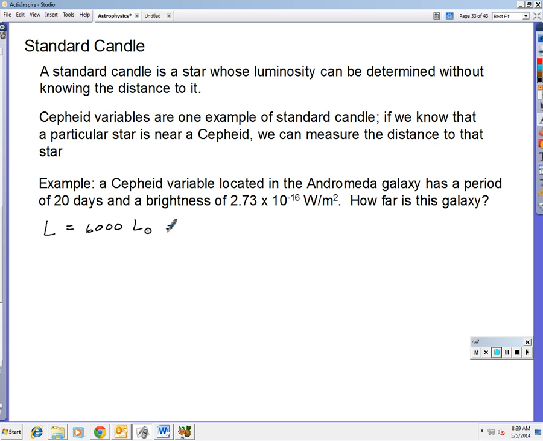Which works out to be 2.34 times 10 to the 30 watts. And we've got the brightness. Remember, L equals 4 pi d squared b.